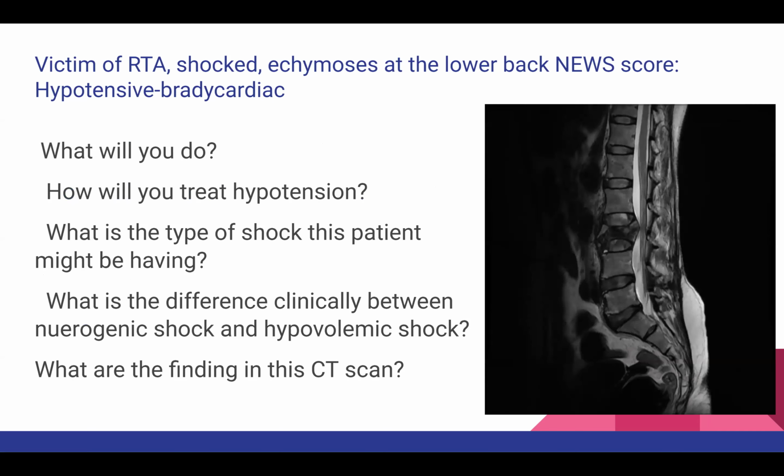Okay. In this scenario, you answered very well that you will start with the ATLS protocol, and you told very well about the hypotension. In this case, the patient is likely to have the neurogenic shock. The differences were okay.